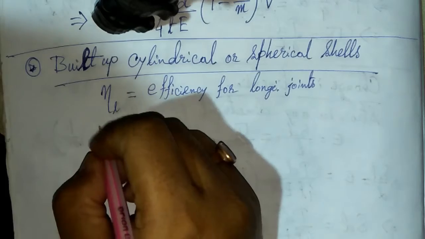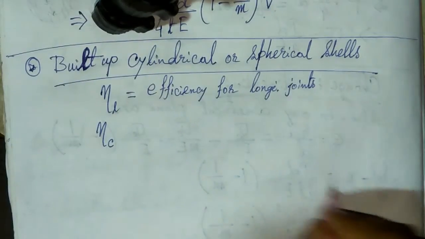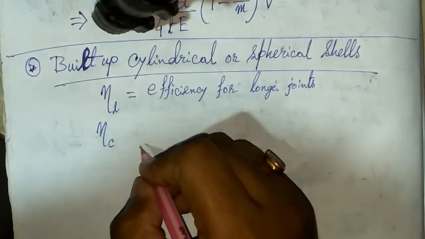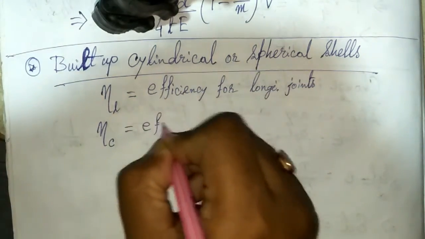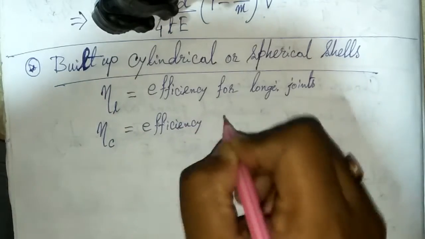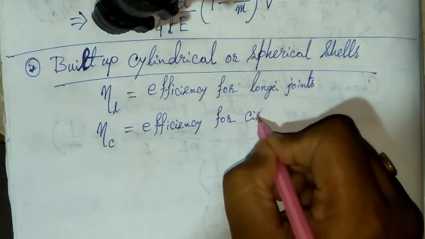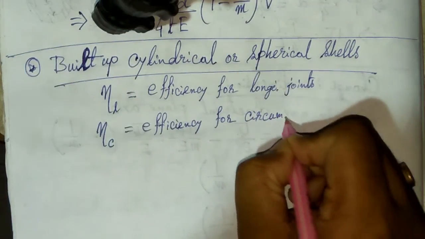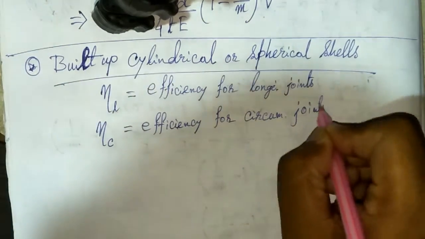And eta C is the efficiency for circumferential joints.